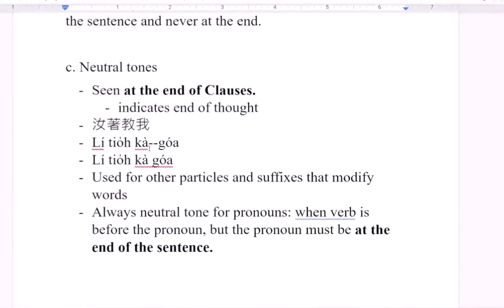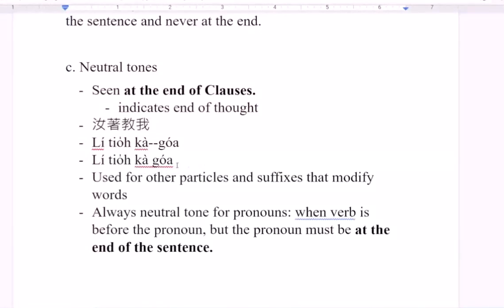However, if we don't have this double hyphen, if we don't have a neutral tone in the sentence, even if it's just the same exact words being used in same exact order, it will have a different meaning. Instead of dityo kagwa, meaning you should teach me, it will become dityo kagwa.